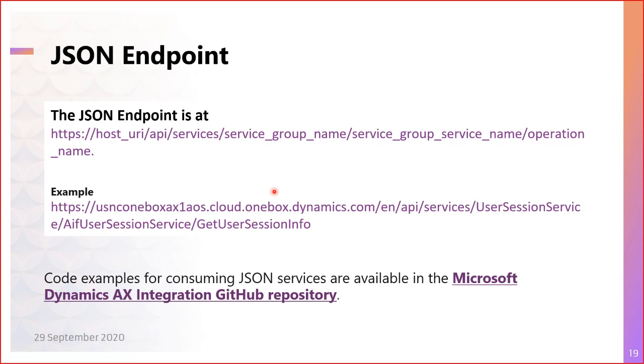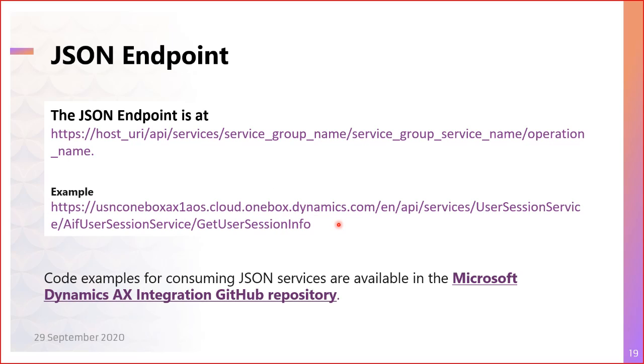If we talk about the JSON endpoint, this is how it gets deployed, and you can access the JSON format using this particular URL here. One of the examples I am showing here is AIF user session services. I just want to get my user session info.